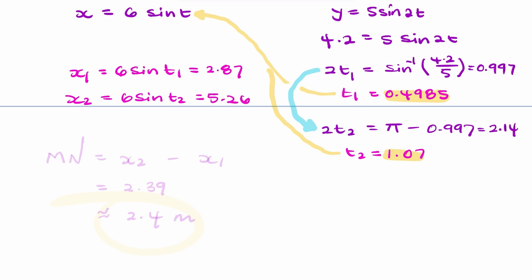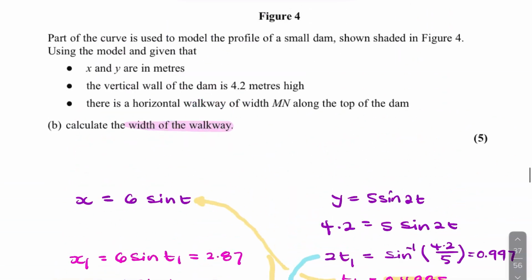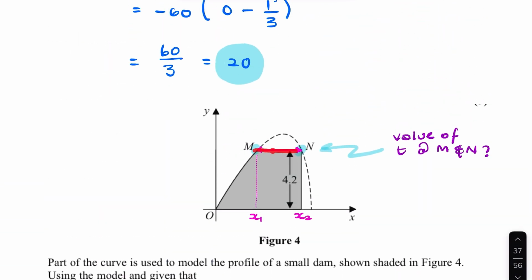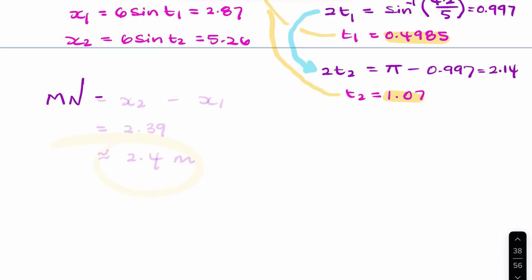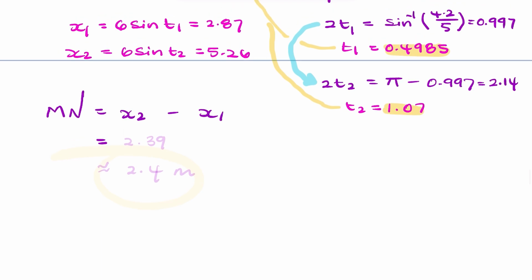So MN, if we look back at the diagram, is simply the difference between x2 and x1. So I'll write that here. MN is x2 minus x1. So I just subtract these two numbers, and I get 2.39.